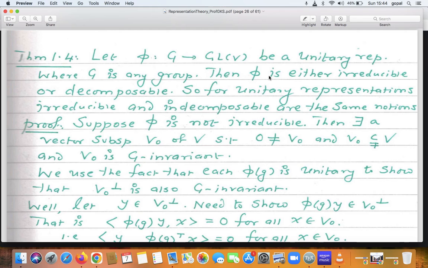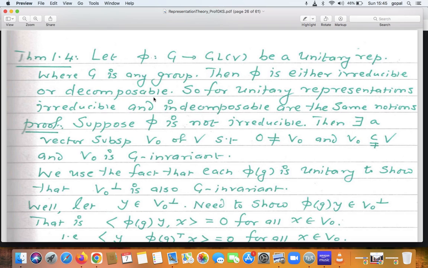I should say phi is either irreducible or reducible, but now I'm saying that phi is either irreducible or decomposable. You know that decomposable implies reducible; here it is the other way around. So for unitary representations, irreducibility and indecomposability are one and the same notion.